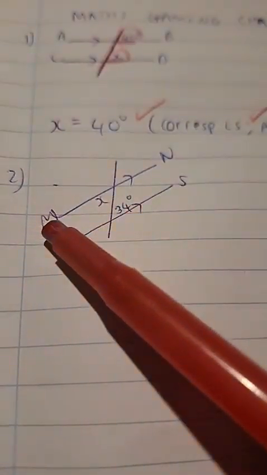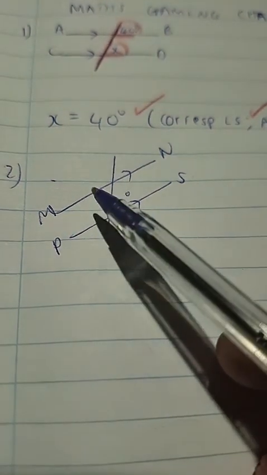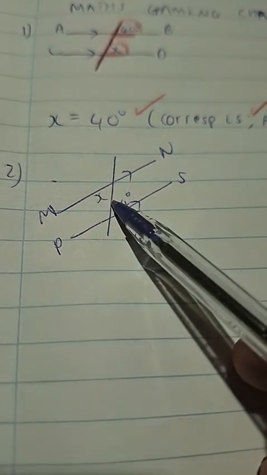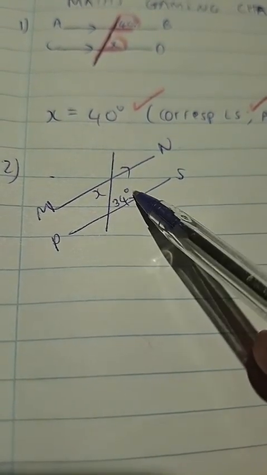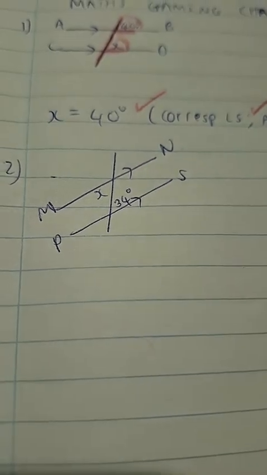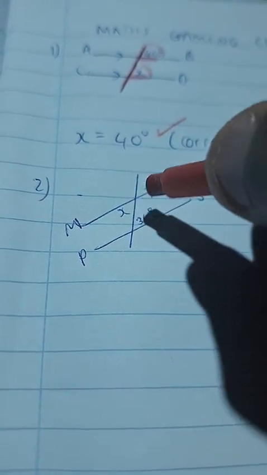We have lines here, MN and PS, and they are parallel. The value of X here, this is where the X is located, 34 degrees located here. So if we look at those two angles, do they have a relationship?